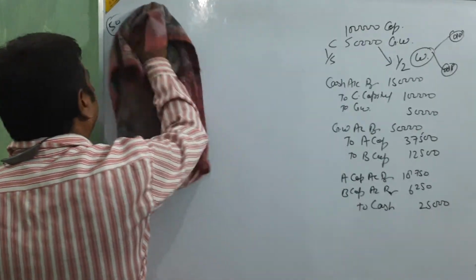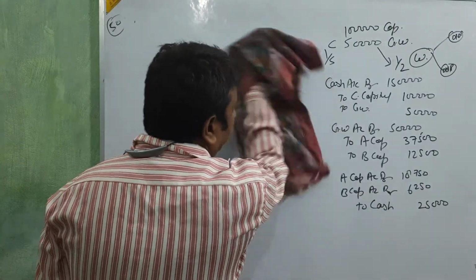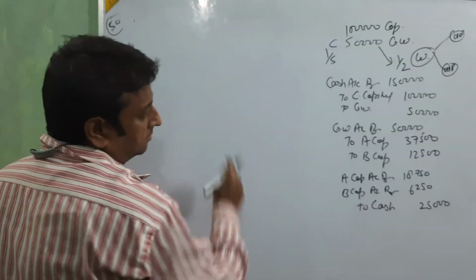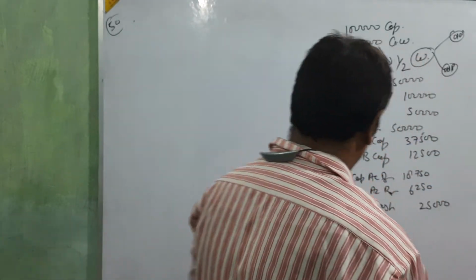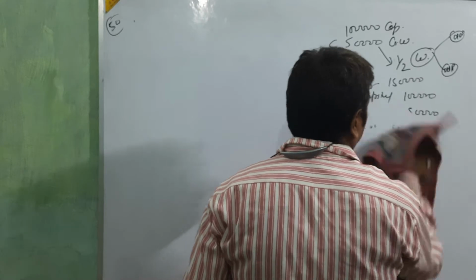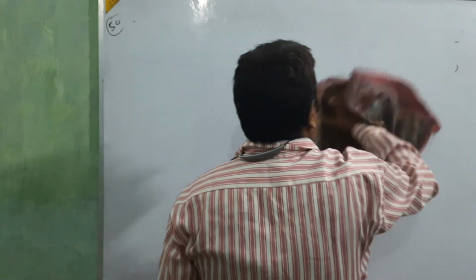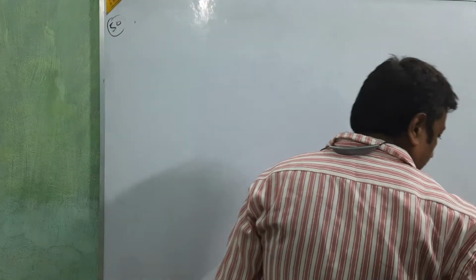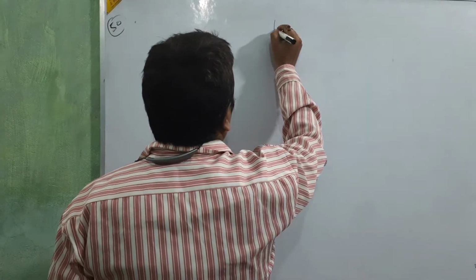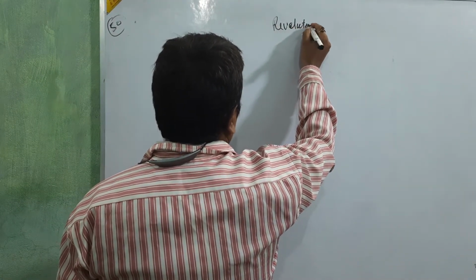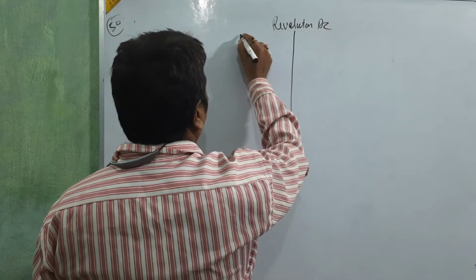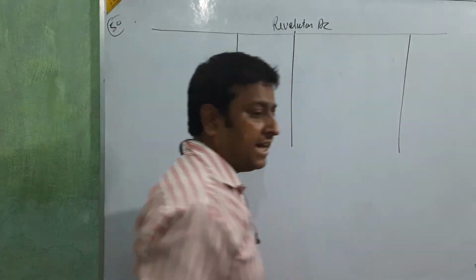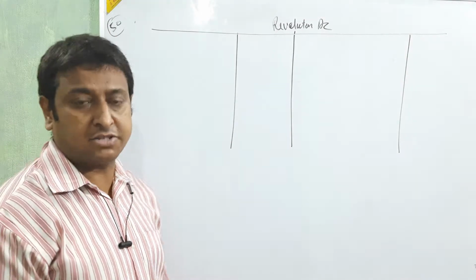I am trying to make it on this side only, then you will easily see the entry. Now start with the revaluation account.